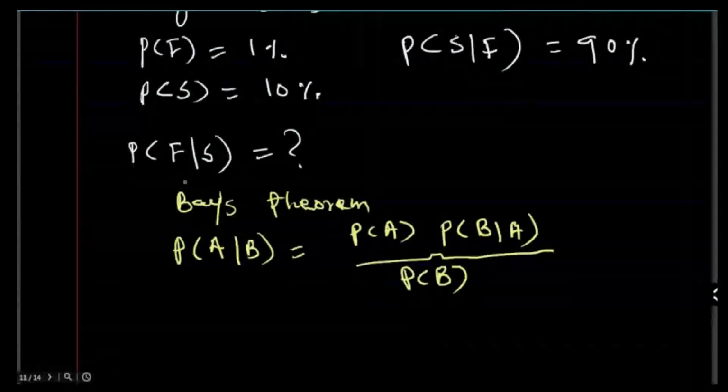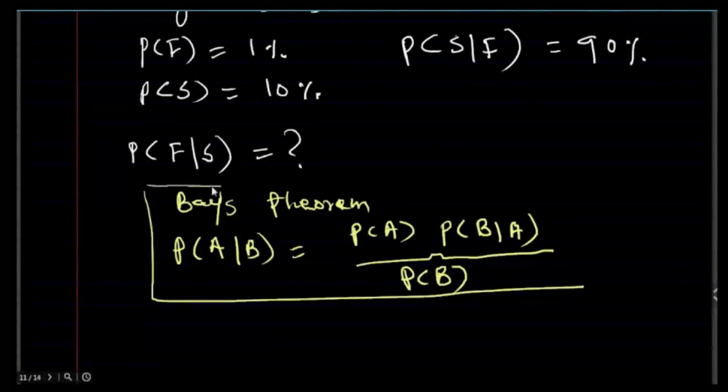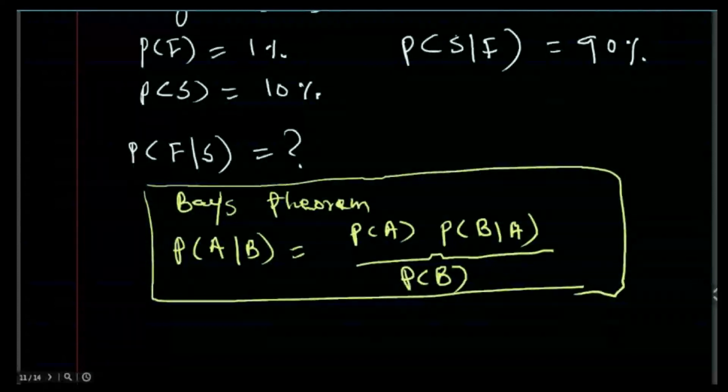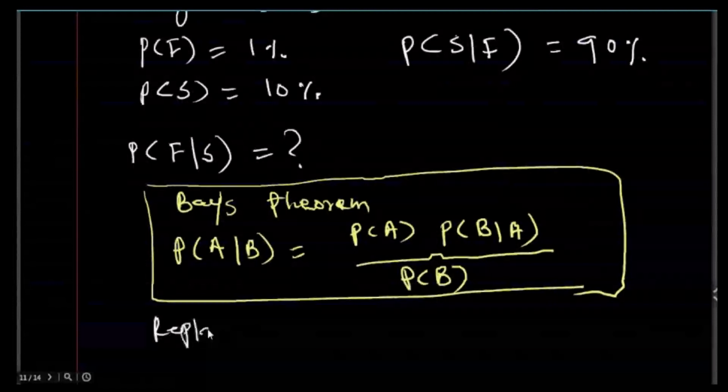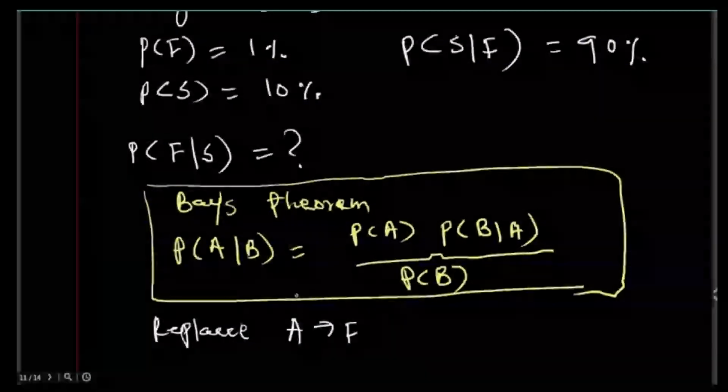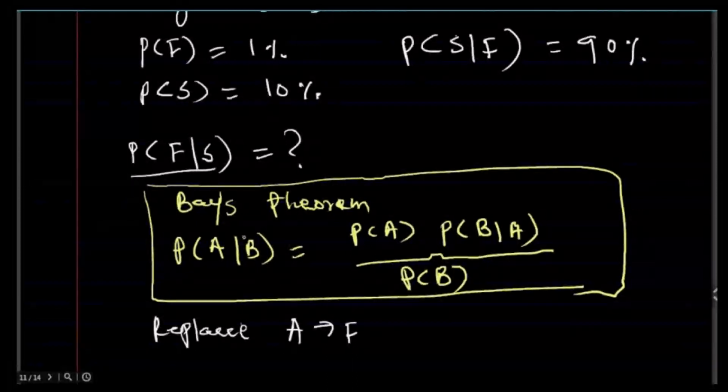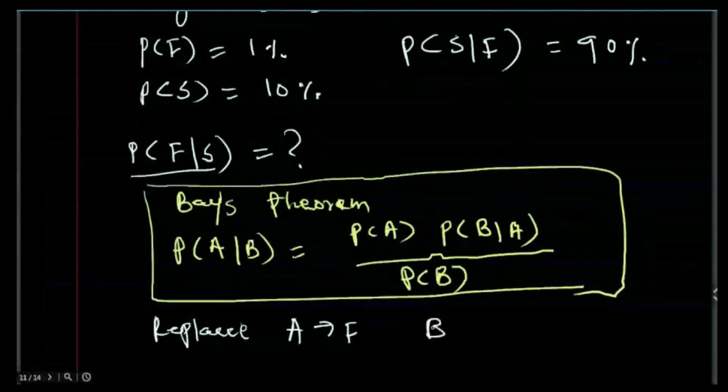Now what do we have to replace? In this Bayes theorem formula we will replace A by F, since we want to calculate this, and B by S. Let us rewrite the formula.